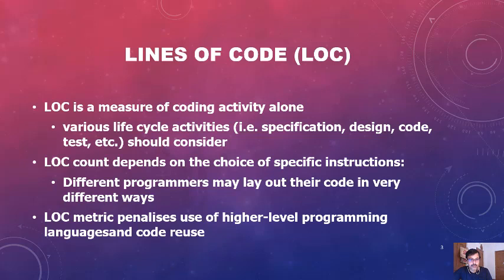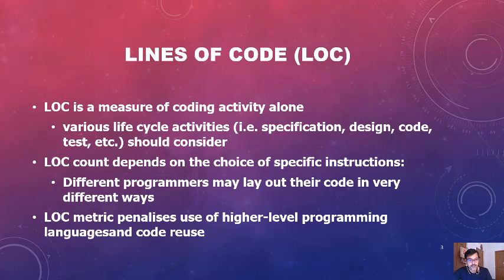The various life cycle activities should not be directly considered in this measure. Whether a line counts depends on the choice of the specific instruction. Different programmers may lay out their code in very different ways, so the lines of code metric penalizes users of higher level programming languages.